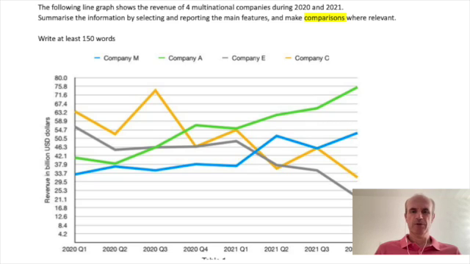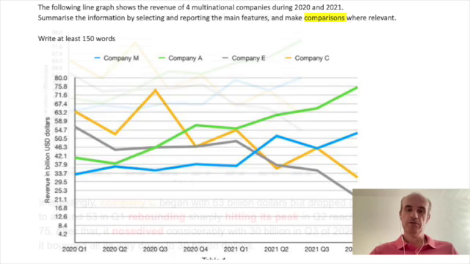Because we do not have this exact information, you want to use this extra vocabulary like around, approximately, more or less, to say that it's not exact, of course, right?